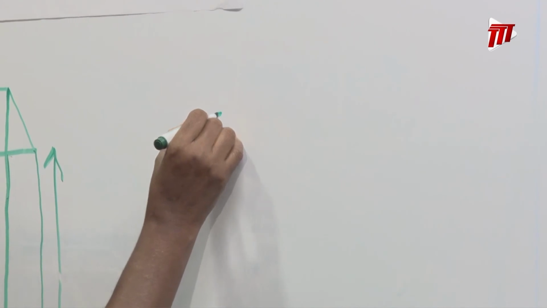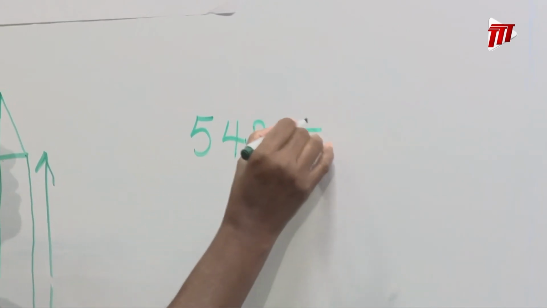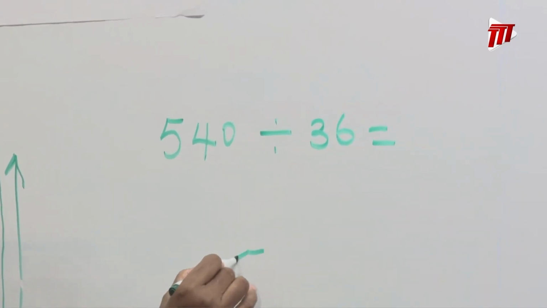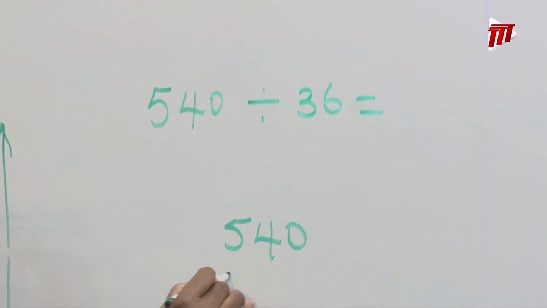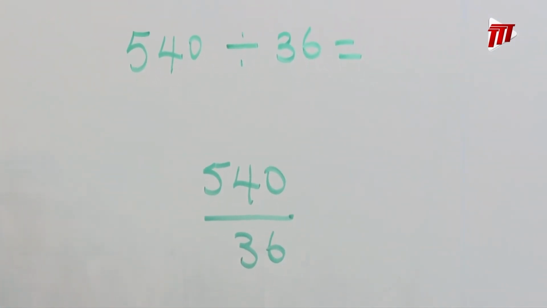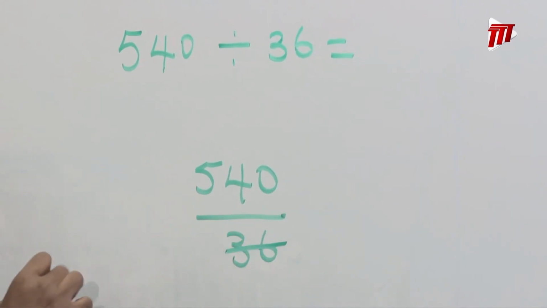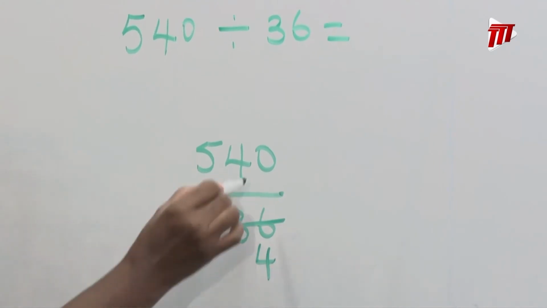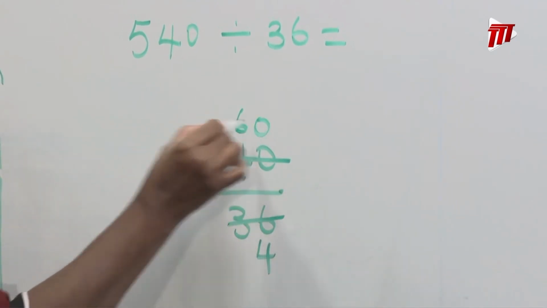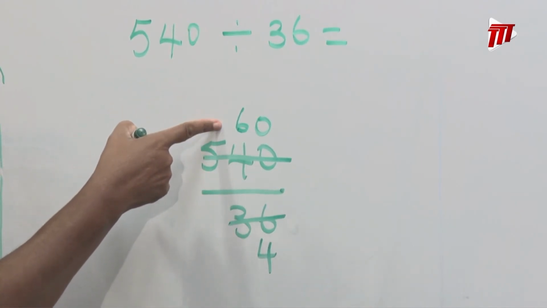So I'm going to divide 540 by 36. 540 divided by 36. 9 is a factor of 540 and 36. 36 divided by 9 is 4. 540 divided by 9 is 60. 4 is a factor of 4 as well as a factor of 60.